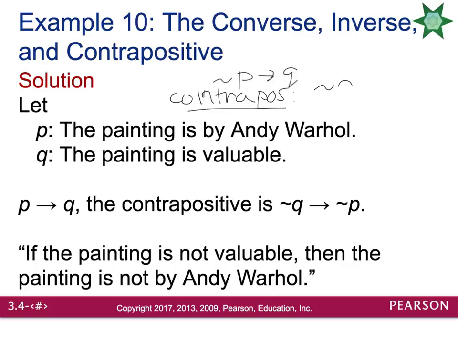So negation Q arrow, now this just becomes P, because if I negate the Q, I get negation Q, but if I negate the negation P, I get back to P again. So when you already have a negation in your original conditional, when you change it to the opposite, you just take the negation away. That's worth noting, because when we do that, we change the truth value.